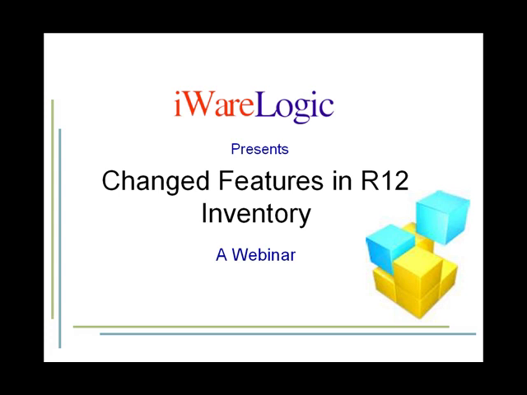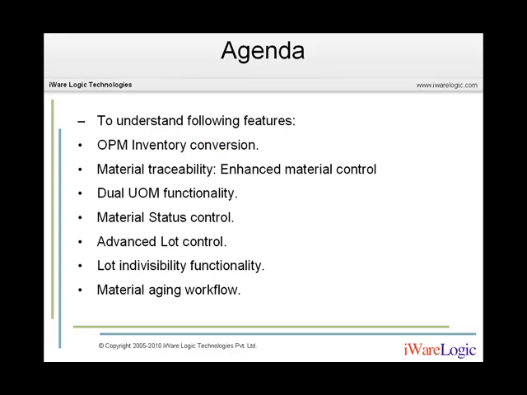So what would be the agenda of this seminar? Now this is the slide wherein we are going to see these points: OPM inventory conversion, material traceability, enhanced material control, dual unit of measure functionality, material status control, advanced lot control, lot indivisibility functionality, and material aging workflow.